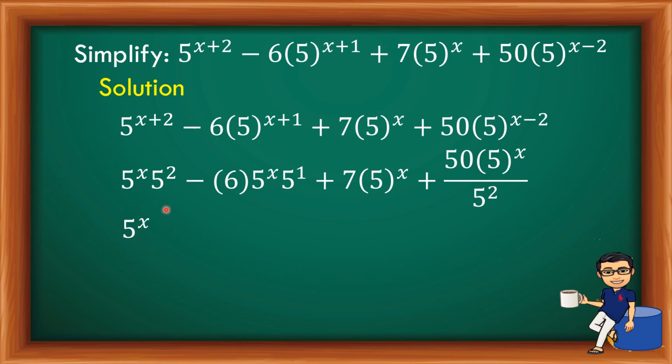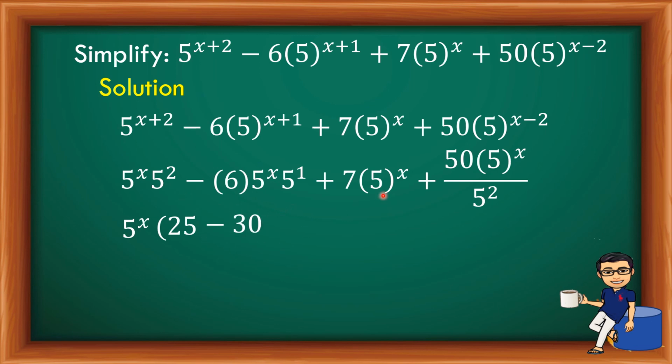So what remains is 5 raised to 2, and 5 raised to 2 means 25 because that is 5 times 5. So that's 25. Then on the second term, we have 6 and we have 5 raised to 1. 5 raised to 1 means 5. So 5 times 6. So minus here. So minus 30.